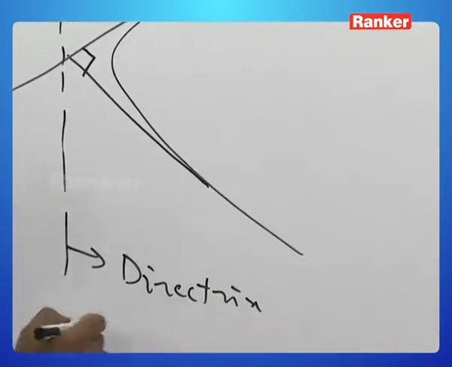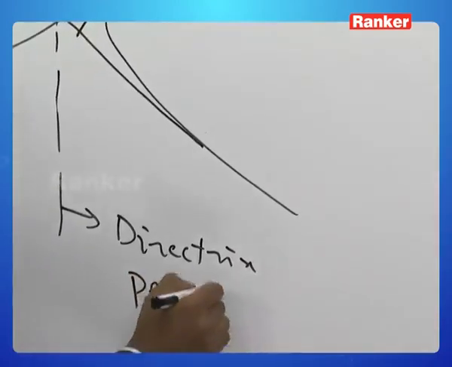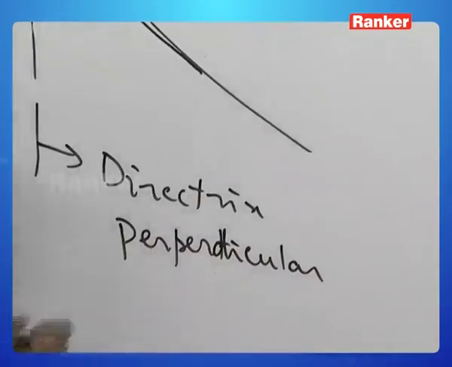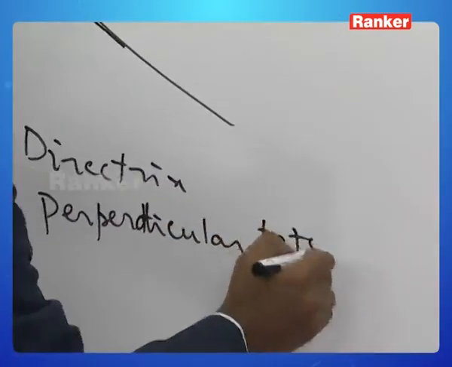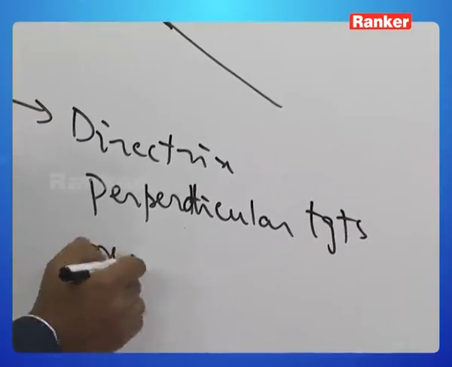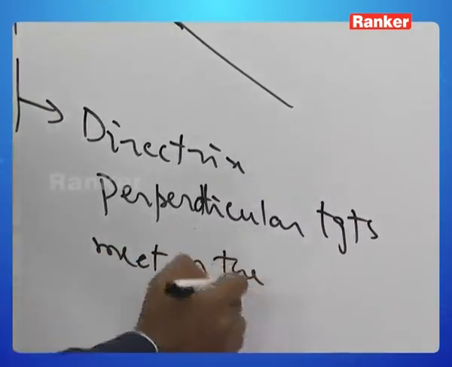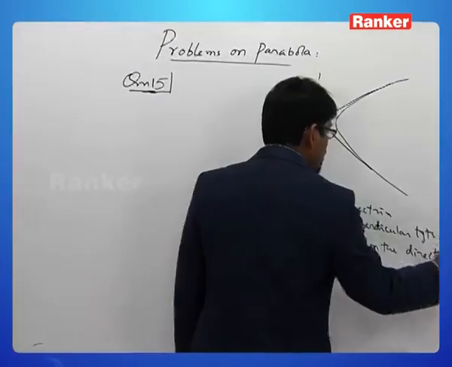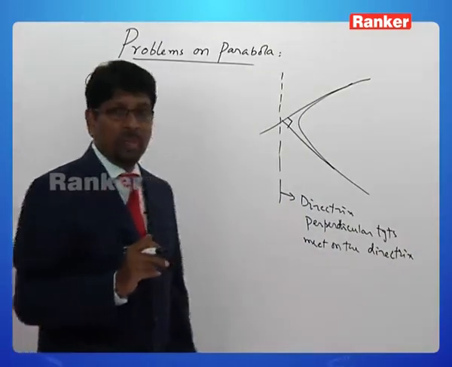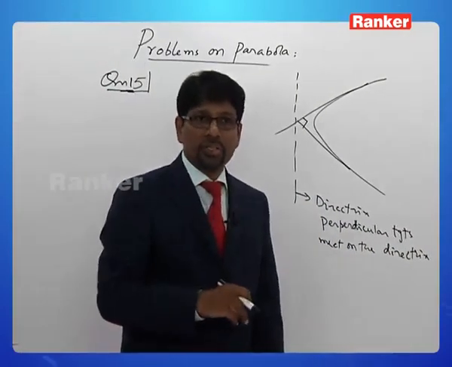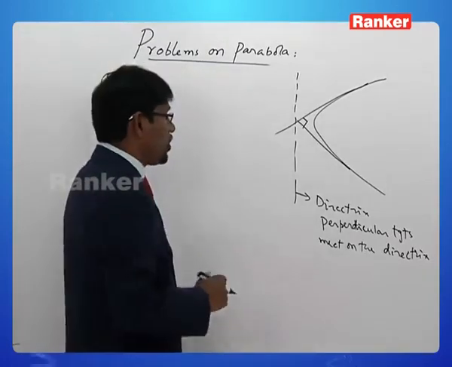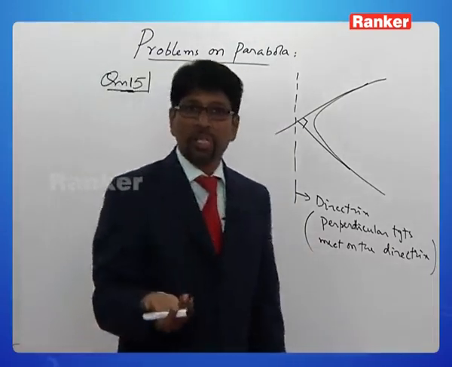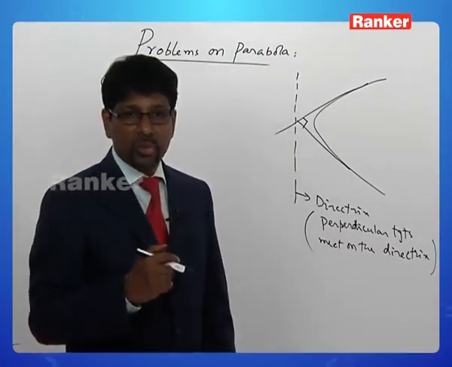So this is a fact: perpendicular tangents meet on the directrix. This is a necessary and sufficient condition. That is, I will be able to draw perpendicular tangents only from points on the directrix. So the locus of the point of intersection of perpendicular tangents can be taken as the directrix as well.